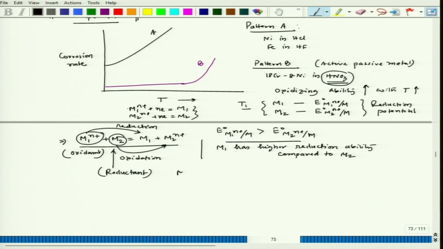We can say M1 n+ oxidizes M2 and M2 reduces M1 n+. And since M1 n+ has a higher reduction ability, that means M1 n+ has a higher oxidizing ability.